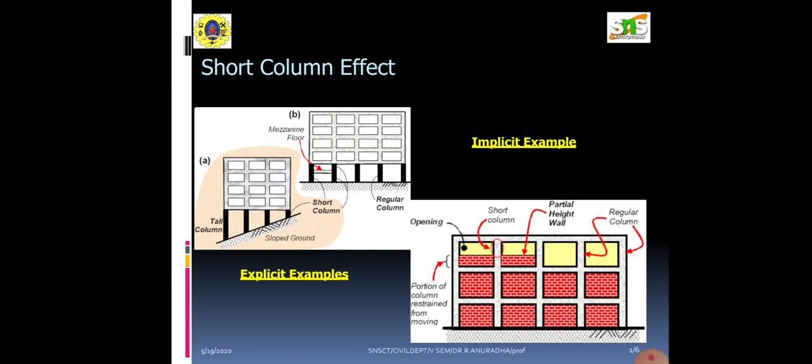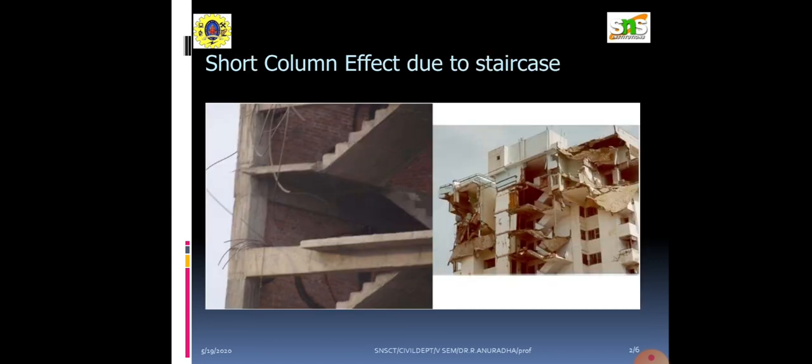A wall is given at half of the height, the top portion is left out, and that portion is called the short column portion. In the other places all the columns are regular. This kind of short column causes a lot of problems whenever lateral forces occur on the structure or building. We will see them one by one.